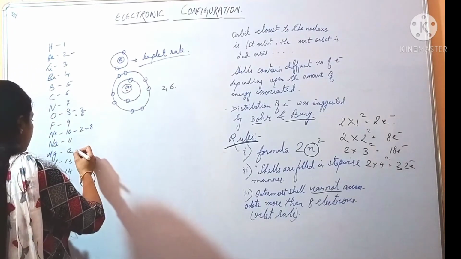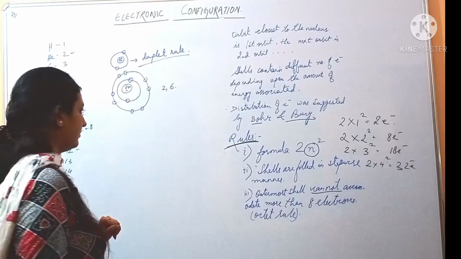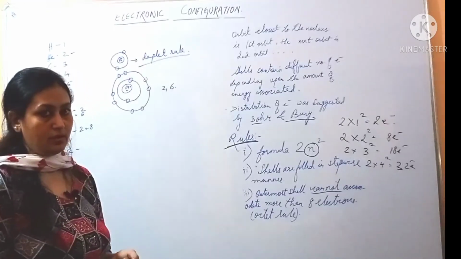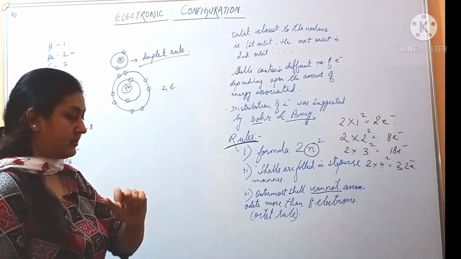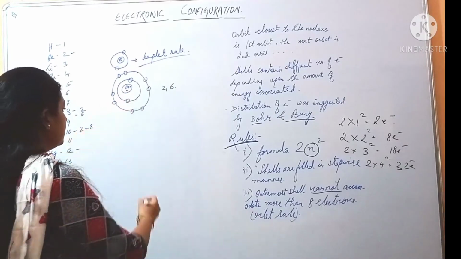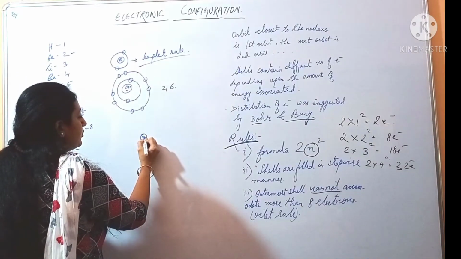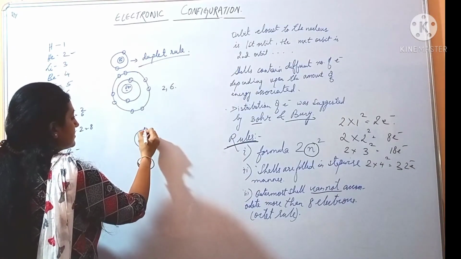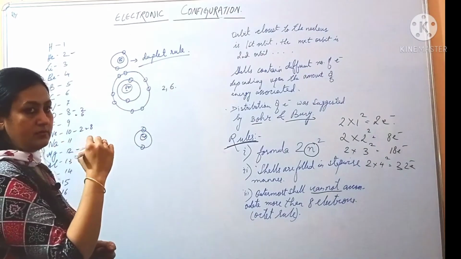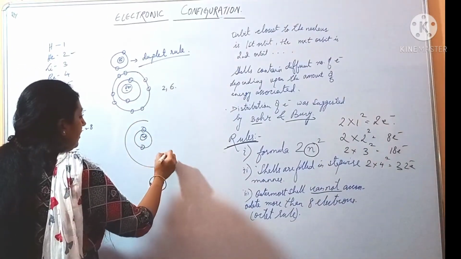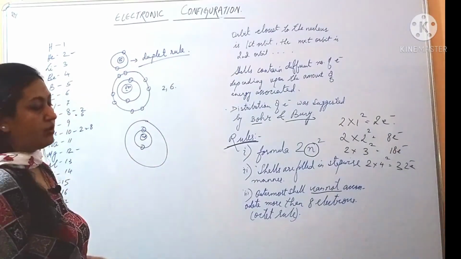Now coming up next, for example, I take magnesium. Its atomic number is 12. That means it has 12 electrons. So first the nucleus with 12 protons, then the first shell will have 2 electrons. Still 10 are to be accommodated, but the second can accommodate only 8.